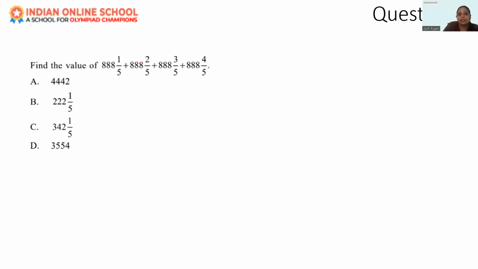As you can see, 888 comes 4 times, so I will multiply 888 with 4. The rest of the fractions I will add: 1 by 5 plus 2 by 5 plus 3 by 5 plus 4 by 5.